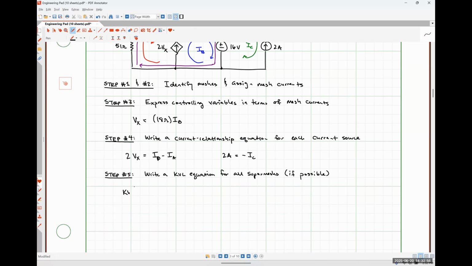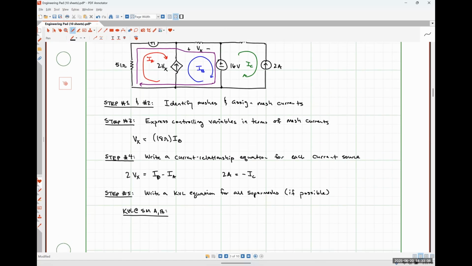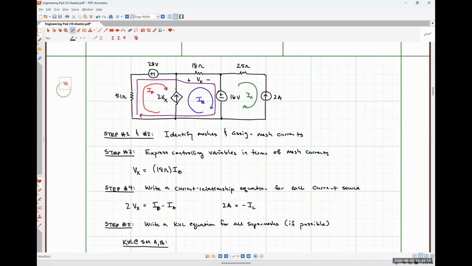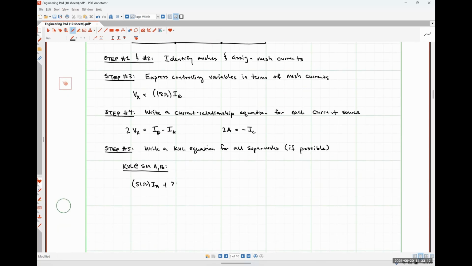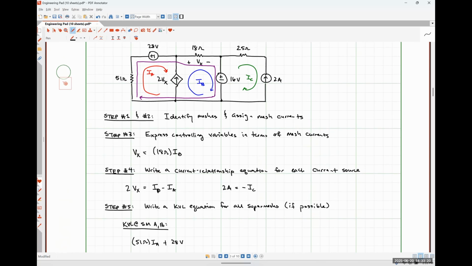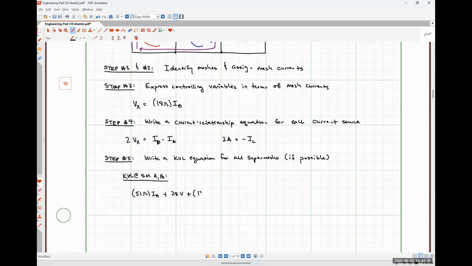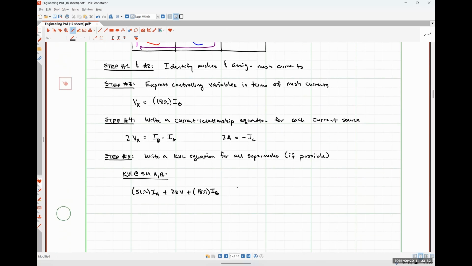Our KVL relationship here, KVL at supermesh AB, would simply be 51 ohms times IA plus 28 volts plus 18 ohms times IB plus 16 volts is equal to 0.